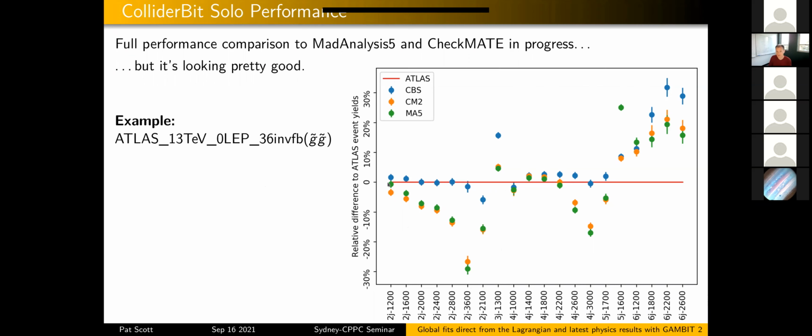Getting bang on the actual ATLAS cut flows is the gold standard, so you want to be as close as possible to this red line. Down on the x-axis, I've got all of the different signal regions for this particular search listed. You can see that CBS isn't doing better than the others in every signal region, but overall it is doing pretty well, and at least by eye, it seems to be doing the best overall for this particular search.